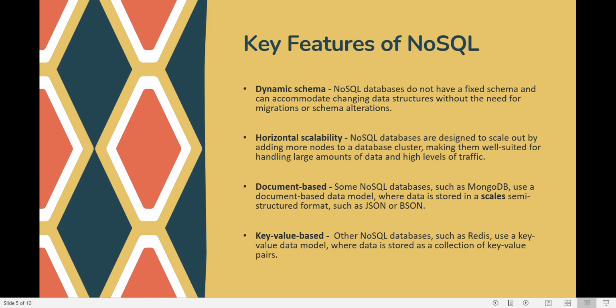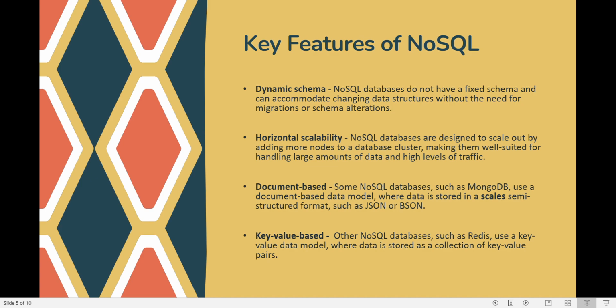Second point is horizontal scalability. NoSQL databases are designed to scale out by adding more nodes to a database cluster, making them well suited for handling large amounts of data and high levels of traffic.